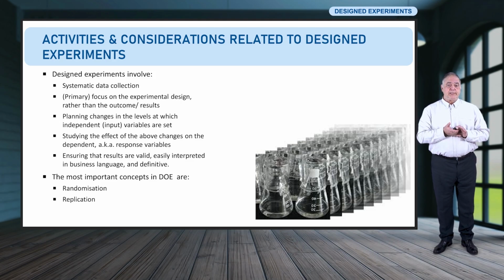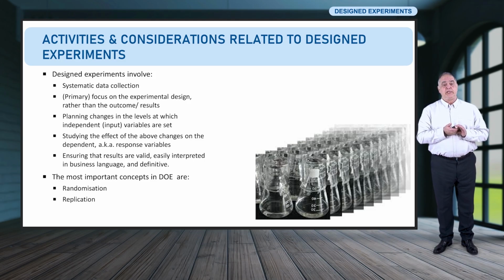Planning changes in the levels of which independent variables are going to be set. For example, you may plan to set temperature at 100, 110, 120 degrees centigrade, etc. Studying the effect of the above changes on the dependent response variables.